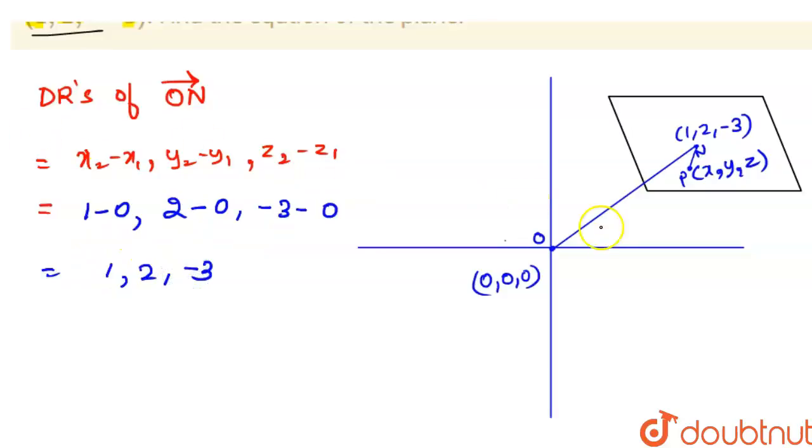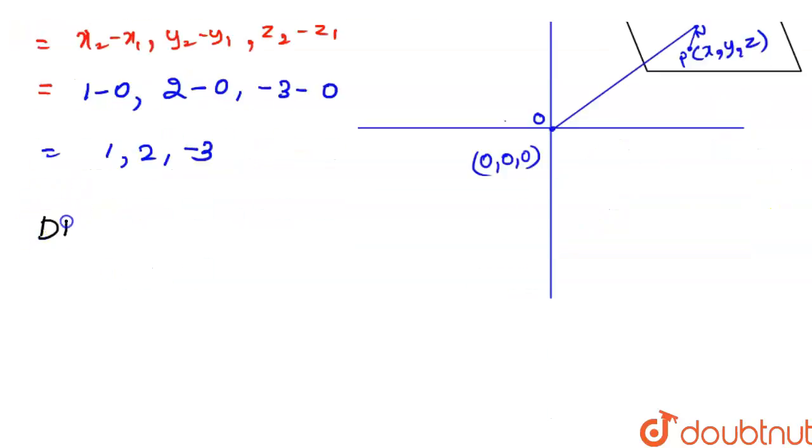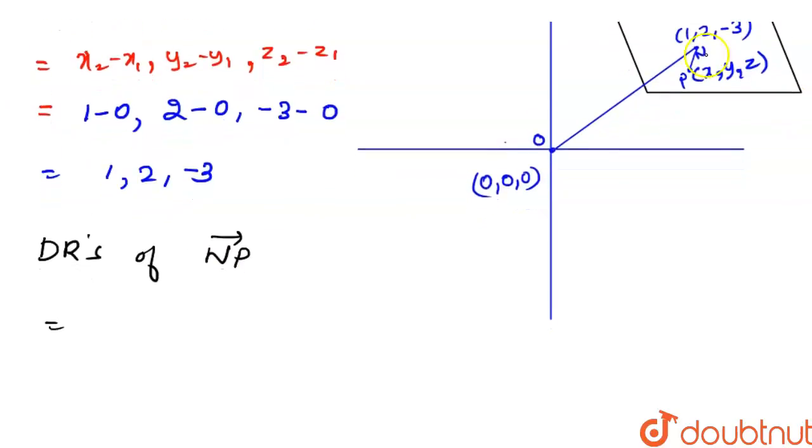Then the direction ratios of the vector NP will be the position vector of P minus the position vector of N. The position vector of P is x, y, z, and for N it is 1, 2, -3. So the direction ratios will be x minus 1, y minus 2, and z minus -3, which becomes z plus 3.